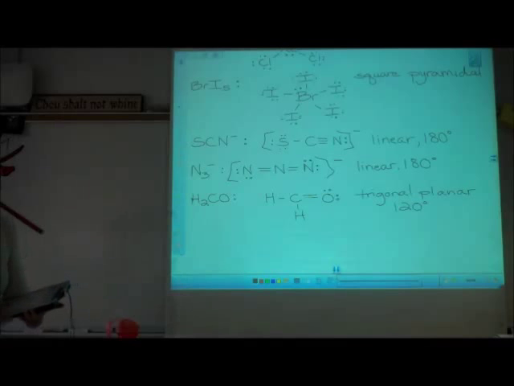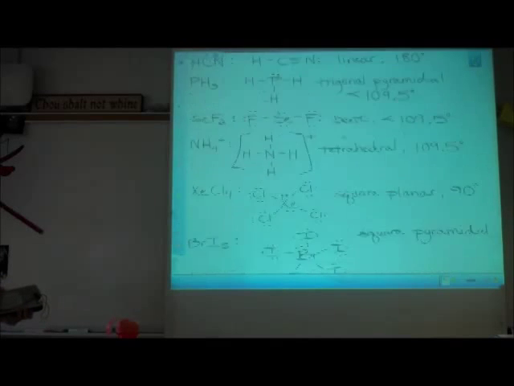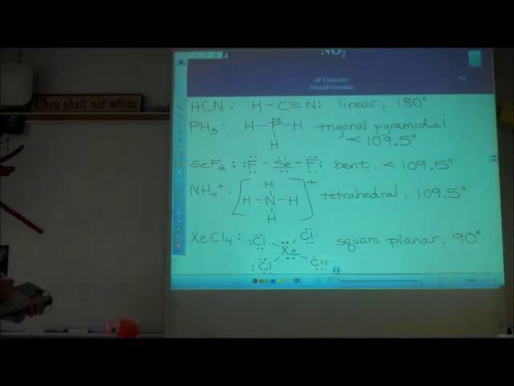So, let me scroll back up and let's talk through some of these. Let's look at this first one. Don't just look at the Lewis structure. Guys, you've got to think about what the shape is as well. Tell me, polar or non-polar?